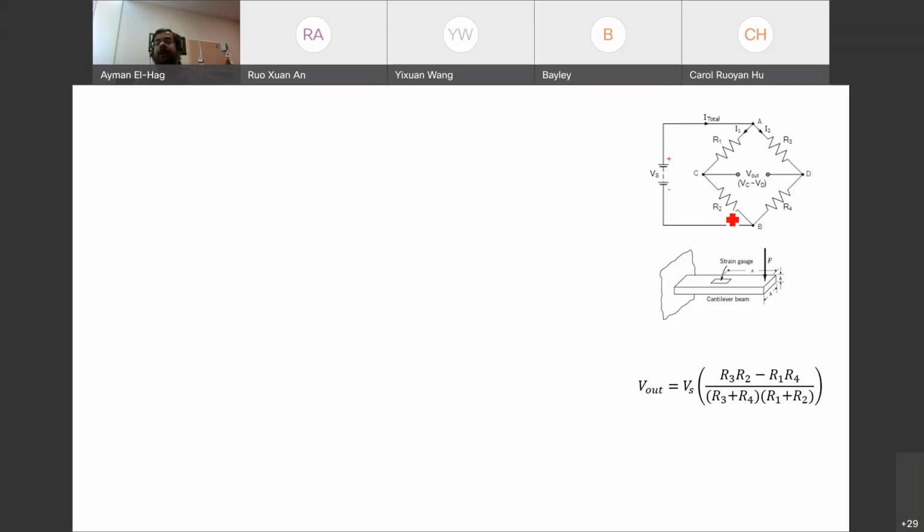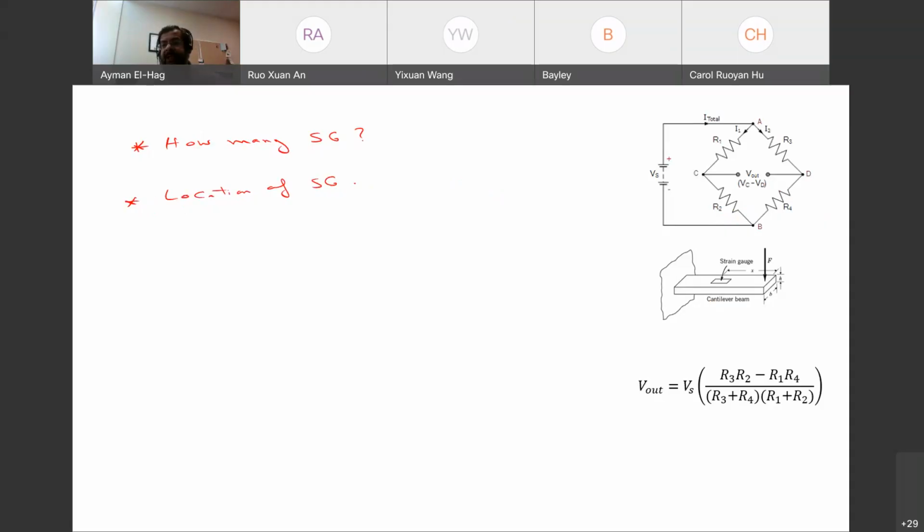Now, we need to specify the following things in any strain gauge question. The first thing you need to know is how many strain gauges you have: 1, 2, or 4. Then, where is the location of the strain gauge with respect to the R's?